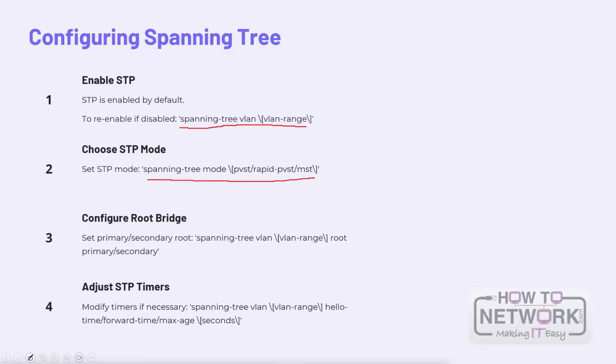You need to configure the primary and secondary root. So spanning tree VLAN, let's say VLAN 10, you put root primary or secondary. Then you need to adjust the timers. So yeah, there's a lot of configs available. You can visit the documentation, but please be aware that this is a very important configuration. Otherwise, it will use the default STP, and all of the VLANs will be there, which is bad.